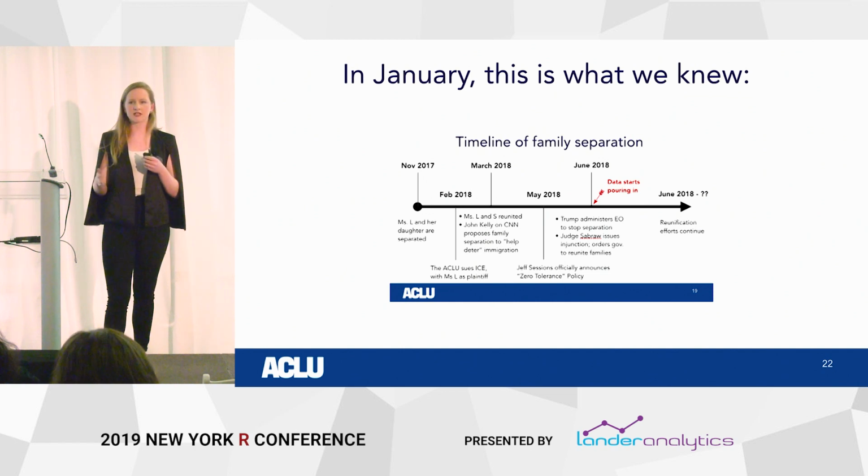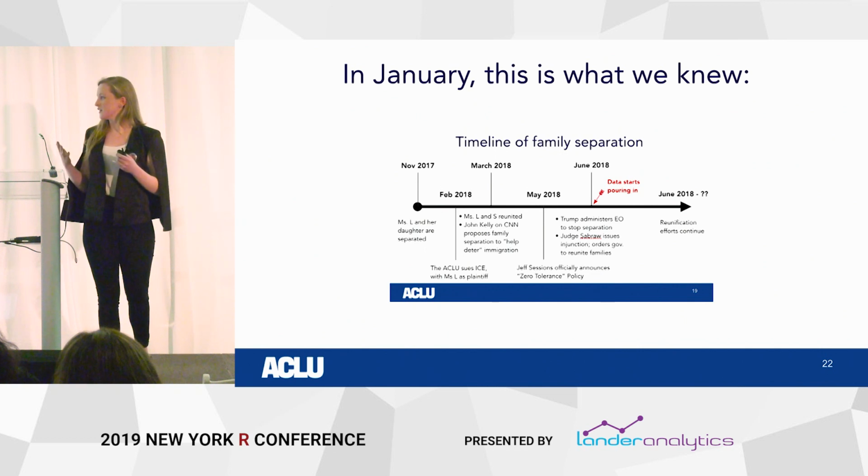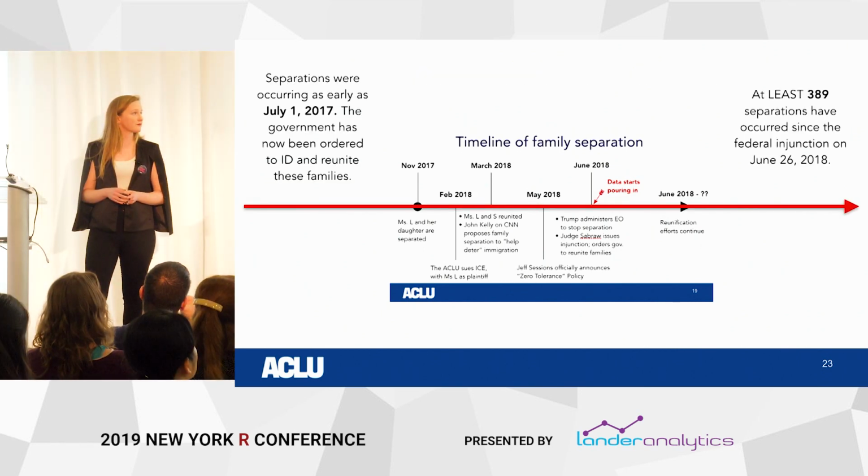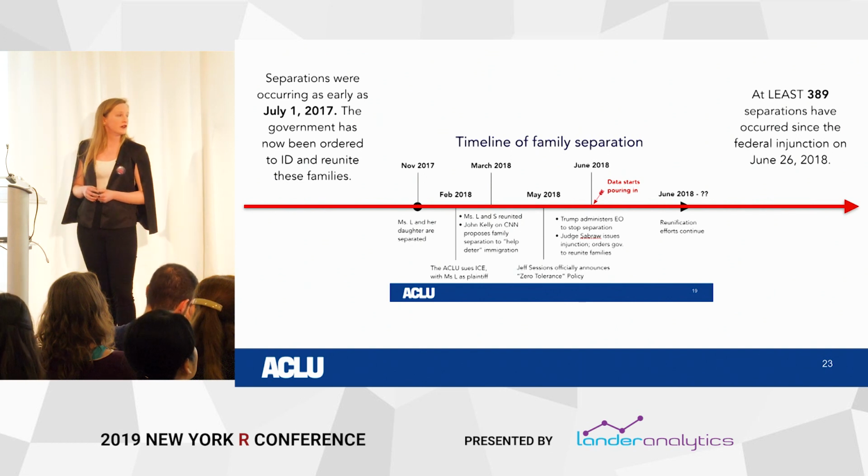This was at the same time that President Trump issued an executive order saying essentially the same thing. So family separations were supposed to have stopped in June of 2018. And this is the timeline that we know about now.